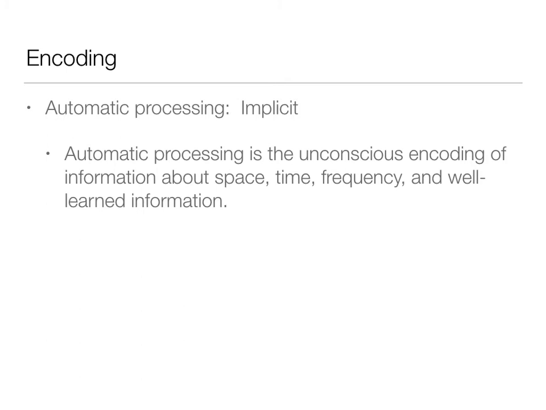Remember in class I gave you the example of knowing the code for the graduate lab when I was in graduate school. I couldn't tell you the numbers to save my soul, but I could get in there. I had this automatic, unconscious encoded information of which keys to press on the keypad to get in. I did not know what numbers those were, but I knew what keys to press.